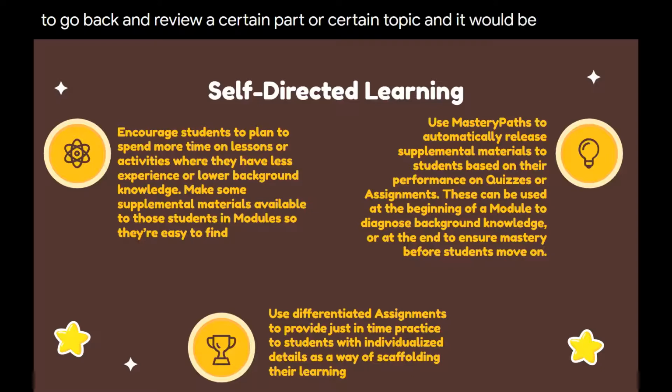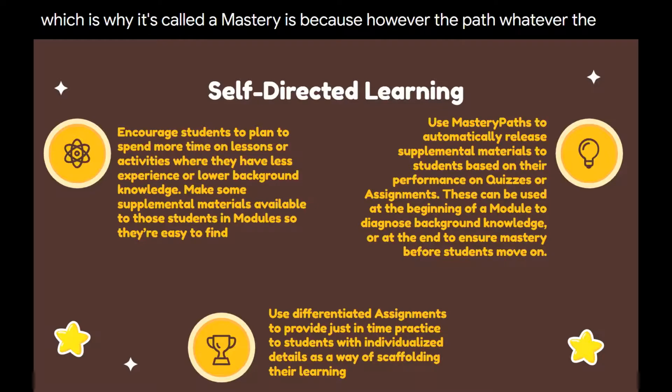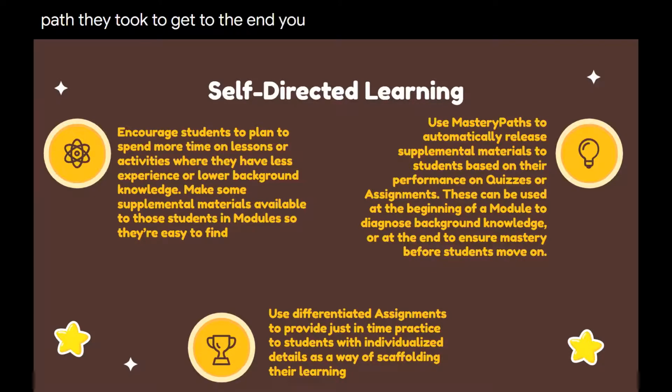It would be something that you would set up in advance, and then based upon what they're doing, it would point them in the direction that they needed to go. And then the end goal, of course, which is why it's called mastery, is that whatever path they took to get to the end, you will know that they have actually mastered that content before they move on. And lastly, as part of that, use differentiated assignments.